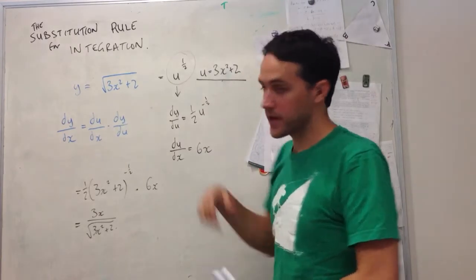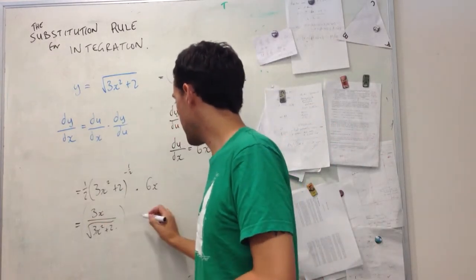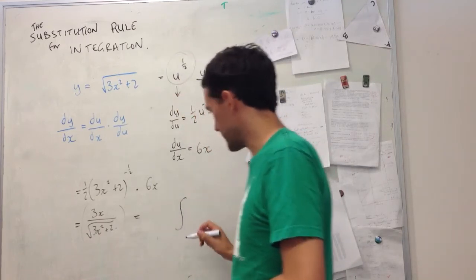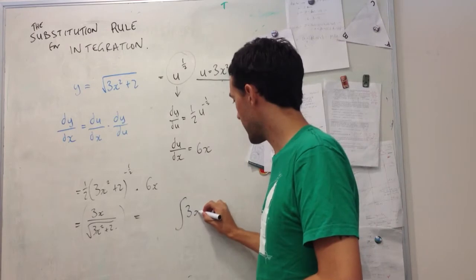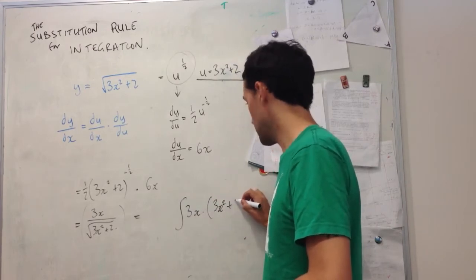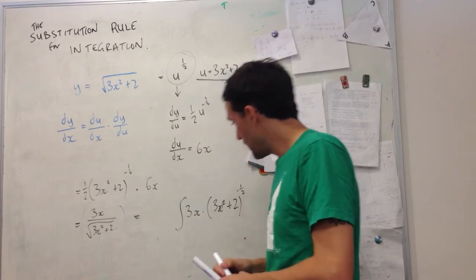Now, when we're going backwards and we want to find the integral, I'm going to write it slightly differently, as 3x times 3x squared plus 2 to the negative half.